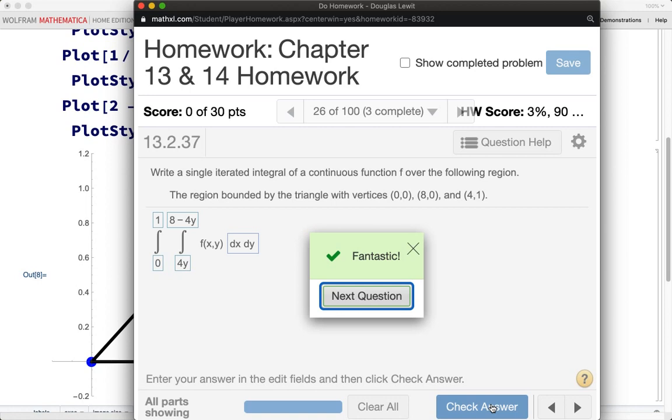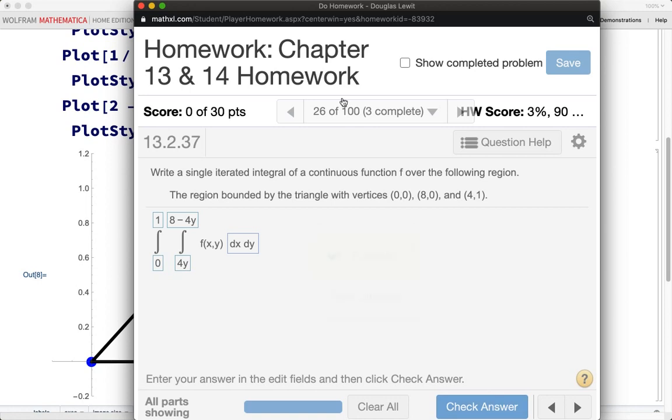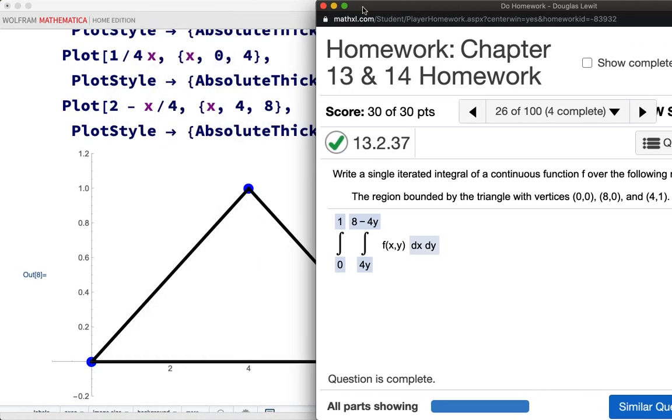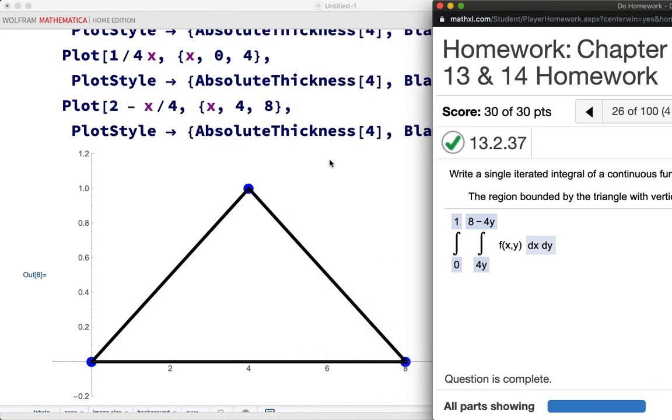And again, there is another way of doing this problem. You could actually split this up into 2 separate iterated integrals. So what am I talking about?